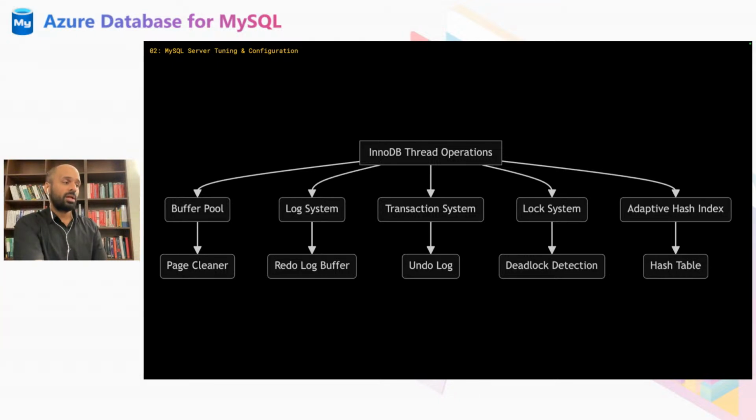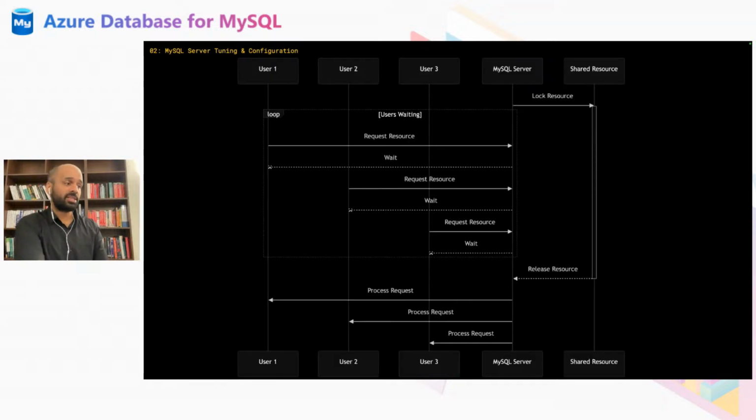So the next diagram talks about how the threads operate within MySQL. This is why I said the threads are busy processing the request, or threads are waiting for the resources to process. These are the only 2 states, so identify as early as possible.